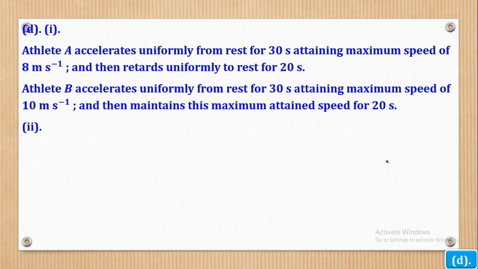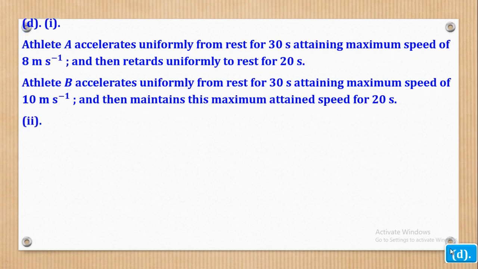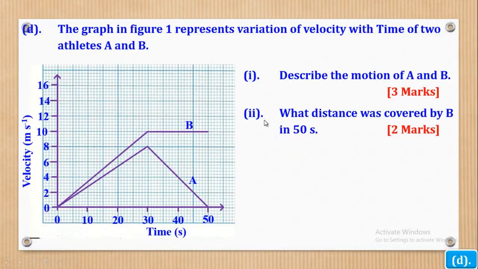So that was Roman 1. What about Roman 2? Roman 2 says what distance was covered by B in 50 seconds. So for the distance covered by B, I think we realize that it forms a trapezium, because this is the shape of a trapezium. Therefore, the distance covered will be equal to the area of the trapezium with height of 10.